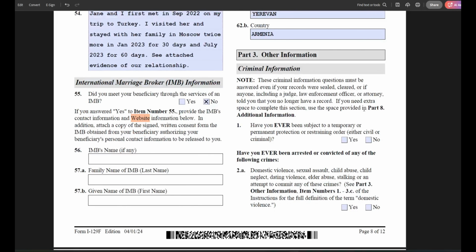Moving on, part 3 asks about the criminal information. So this is the criminal information of the petitioner. If the petitioner has ever been involved in any criminal offenses, then you may not be eligible for this process.